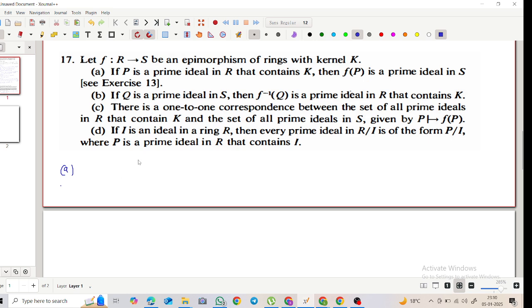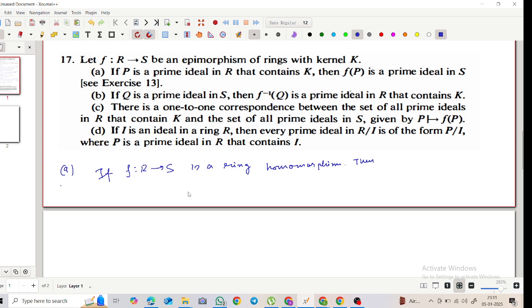So P is a prime ideal. Okay, do you know this thing? If R to S is a ring homomorphism, then there is a morphism from R mod K. Do you know this?